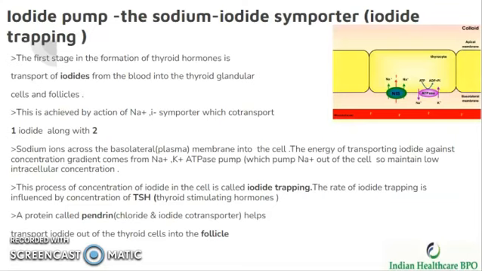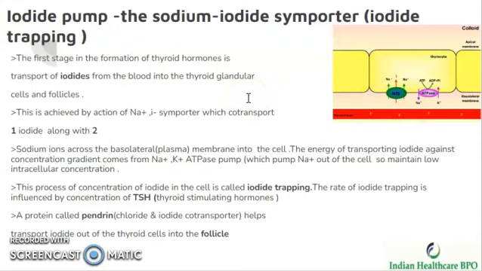The first stage in formation of thyroid hormone is transport of iodides from blood into the thyroid glandular cells and follicles. This is achieved by the action of the sodium-iodide symporter, which co-transports one iodide along with two sodium ions across the basolateral membrane into the cell.